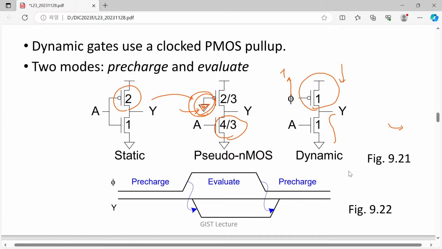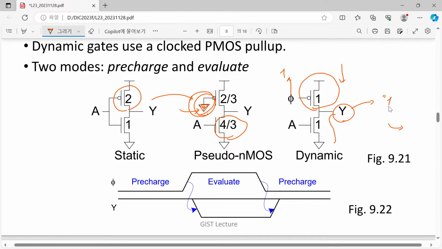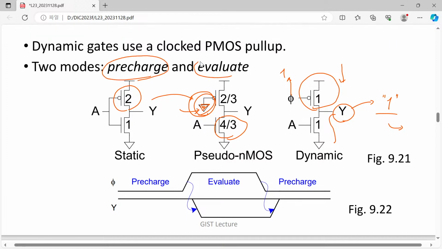So I have told you that first we must prepare the Y node to 1, and after that our NMOS-only pull down network should determine the logical value. Therefore, we must introduce two different phases or modes. One is called pre-charge, and another one is evaluate.